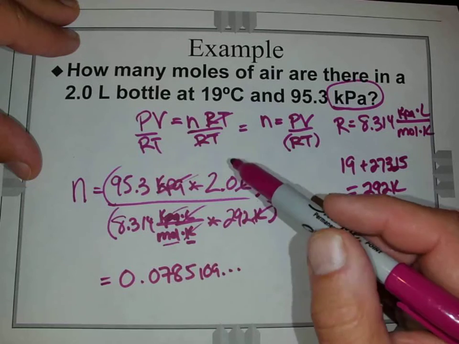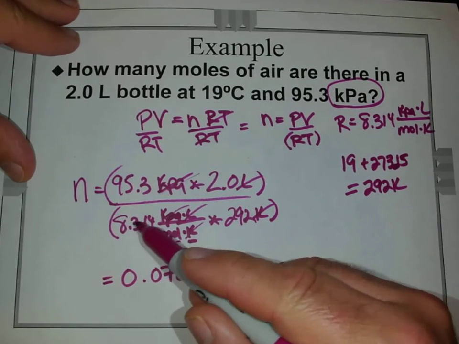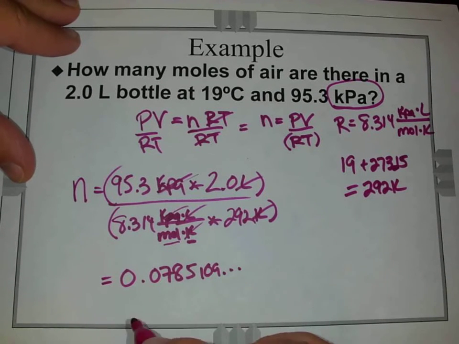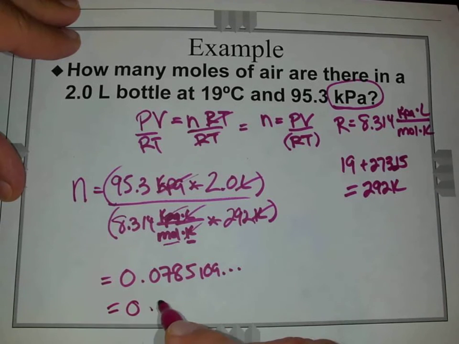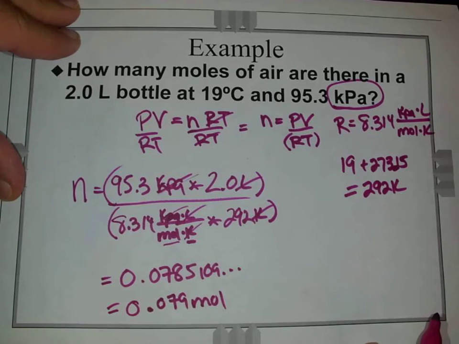We have 3 here, 2 here, 3 here. R is a constant, so we don't take sig figs from that. So lo and behold, we should have 0.79 moles as our answer.